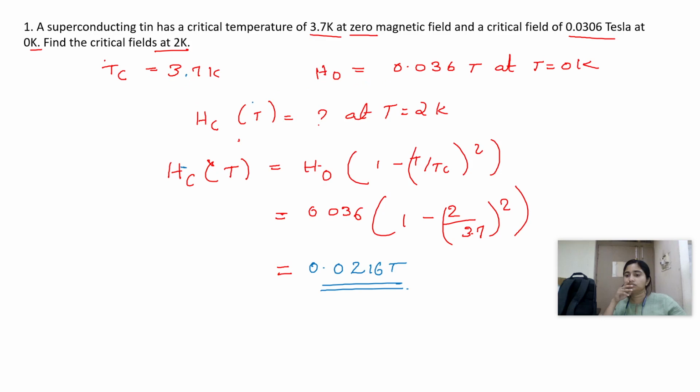The formula is Hc of T is equal to H0 times 1 minus T by Tc, whole square. It's a direct problem. You just substitute the values and you will get the critical field: 0.0216 Tesla.